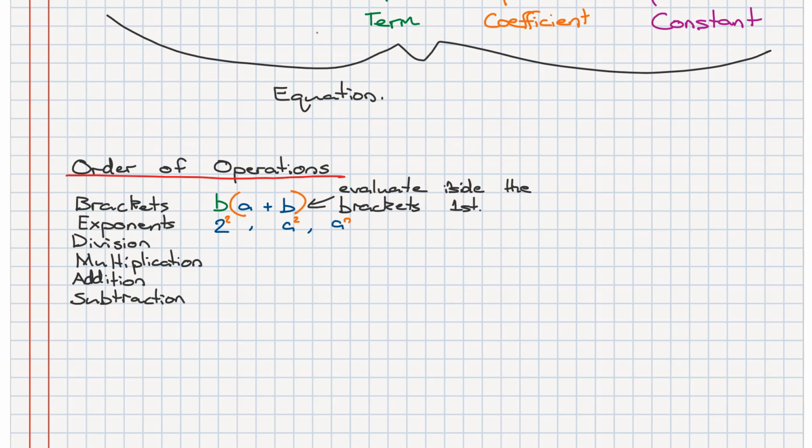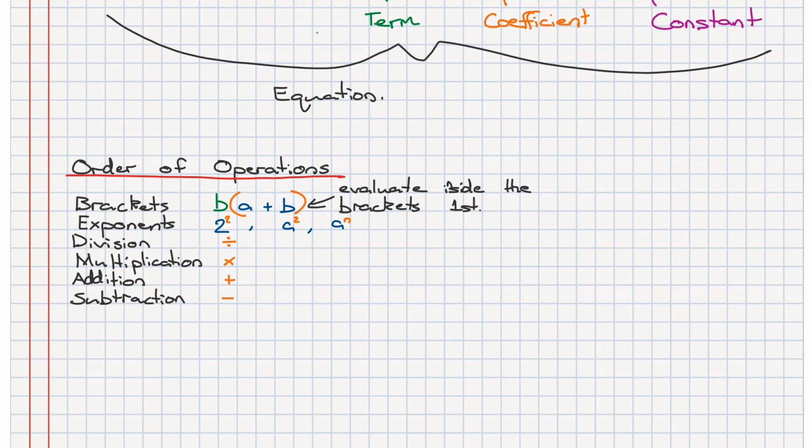So what this means is that after you evaluate your brackets, you evaluate these exponents, so the numbers and the letters written in orange. Now going down from that, we have division, so simply the division symbol, multiplication, addition or plus, and subtraction.